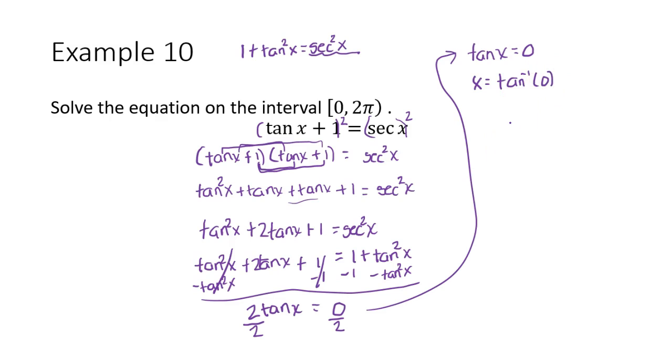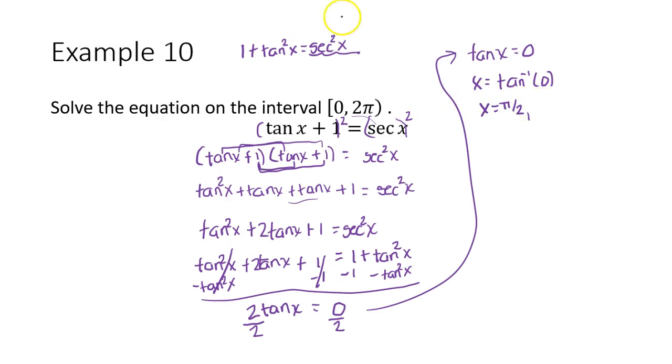And now we can go take a look at our unit circle and find the place or places where the tangent is equal to 0. That means the y-coordinate needs to be 0, and then the x can be anything else except for 0. And that happens at pi over 2 and 3 pi over 2.